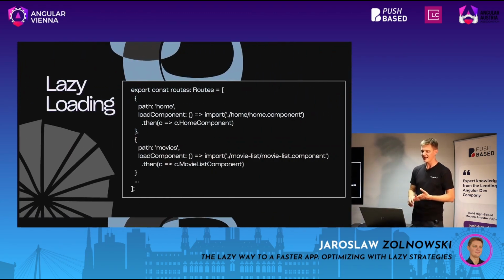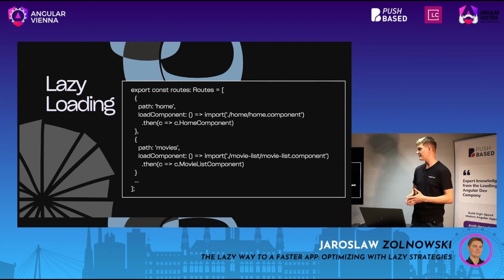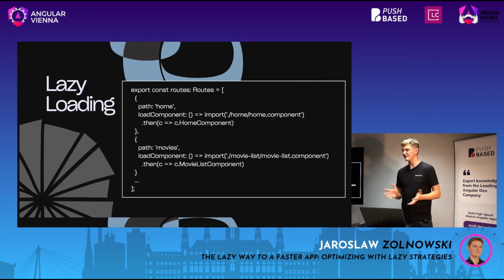Now, let's take a look at how the situation looks with lazy loading. Lazy loading is a built-in mechanism. All we need to do to lazy load a particular route is to utilize this load component, and that's it.